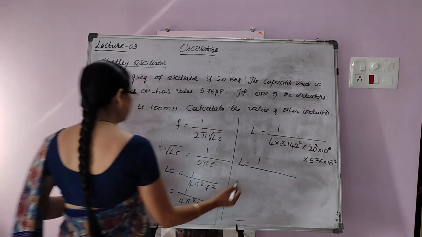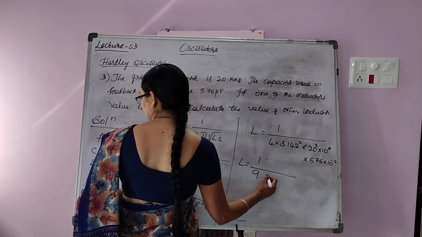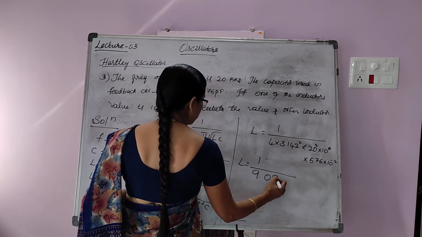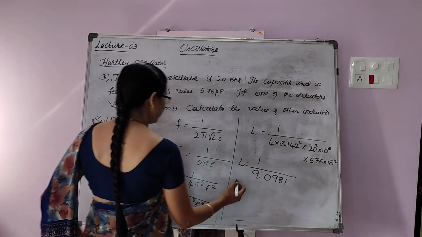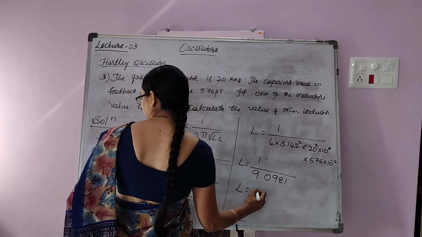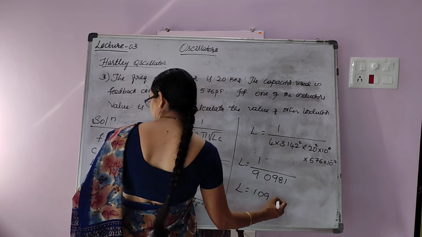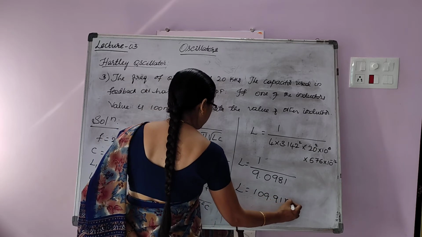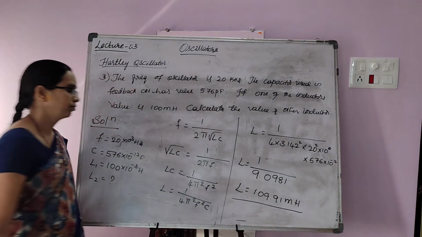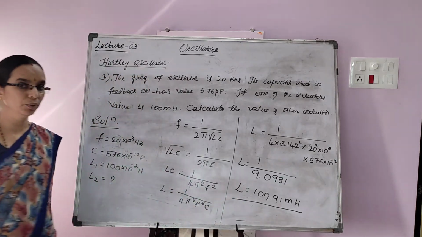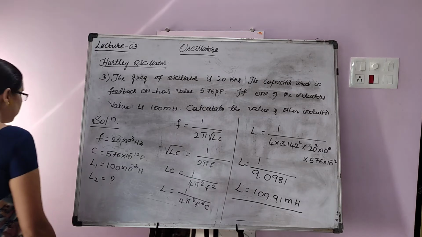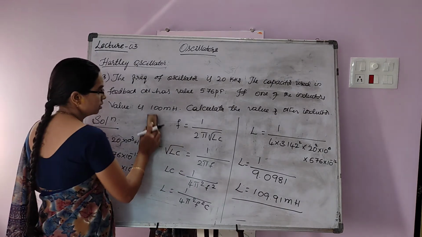After calculating, you will get 1 by 9.0981 as the L value. After taking the reciprocal, it will be 109.91 millihenry. Calculate using calculator, and compare your values with this.